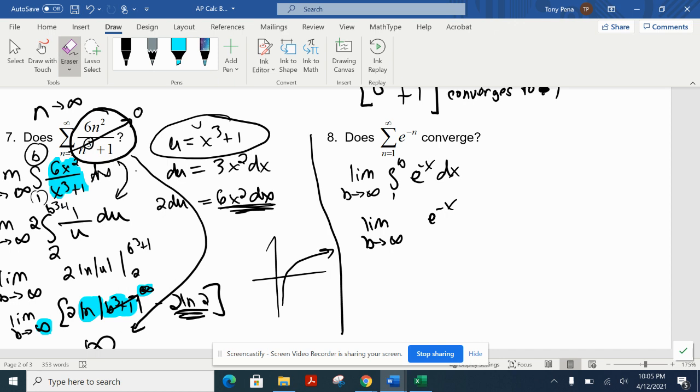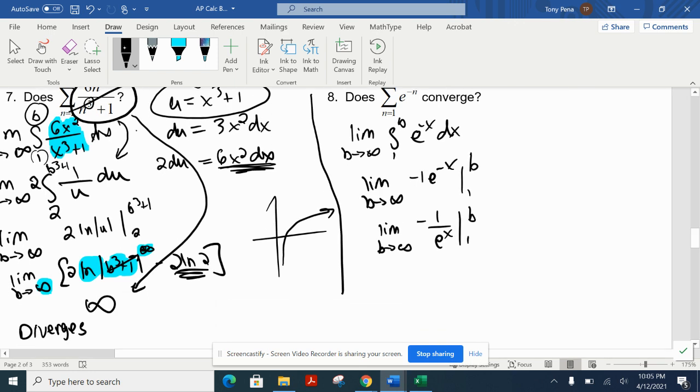But then instead of dividing by negative 1, just so it's easier to work with, we're going to make this a negative 1 from 1 to our b. Let's rewrite this first: negative 1 over e to the x from 1 to b. Plug in your upper limit. Subtract, throw in your lower limit. We'll get a plus 1 right here.